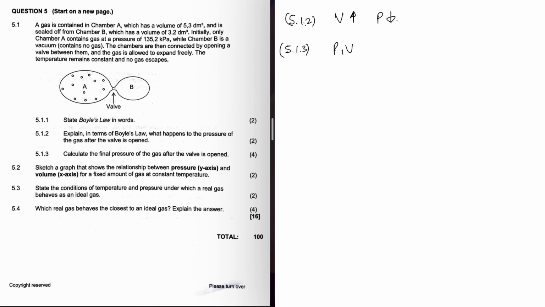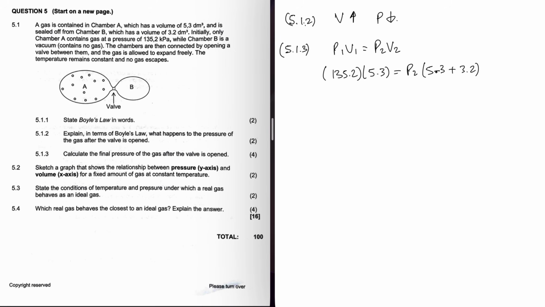So P1 V1 is equal to P2 V2. The pressure at the beginning is 135.2. The volume at the beginning is 5.3. That's equal to P2 times the volume that the gas can occupy once the valve is opened, which is going to be 5.3 plus the 3.2.